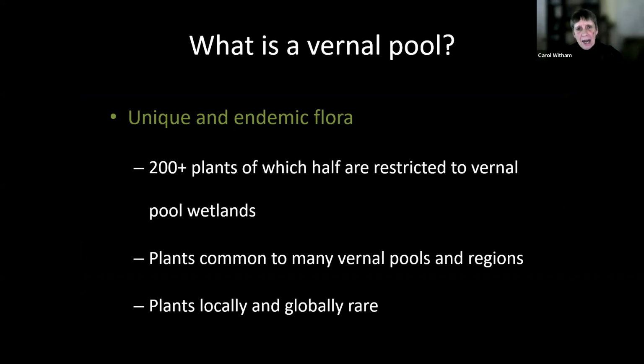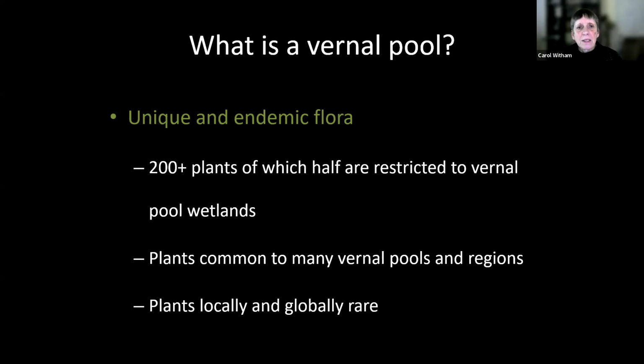So I'm going to move on now to instead of distance photos of vernal pools, we're going to do a little bit of close-up looking at vernal pools. Vernal pools have a very unique and endemic flora. Things that are called vernal pools, which is a very generic name, actually occur in a lot of places in the world.